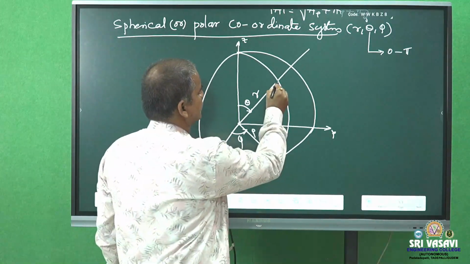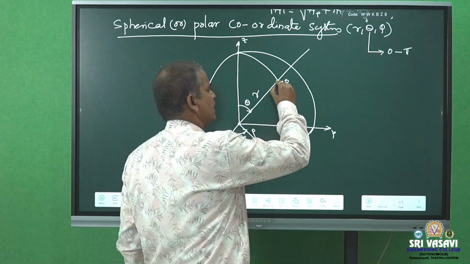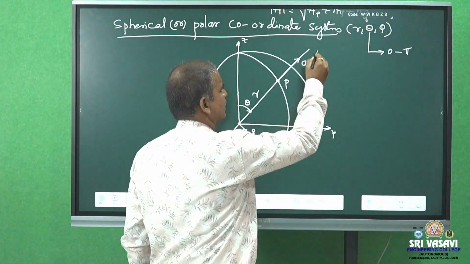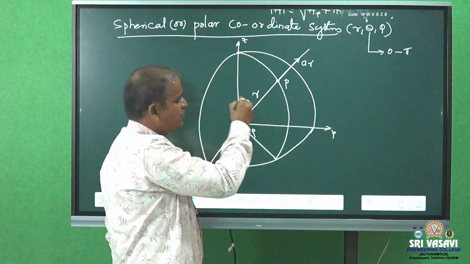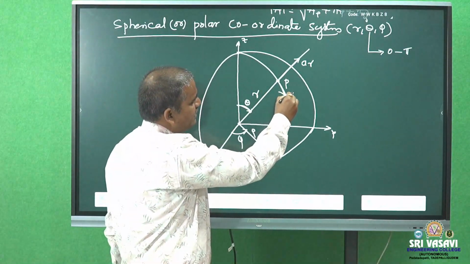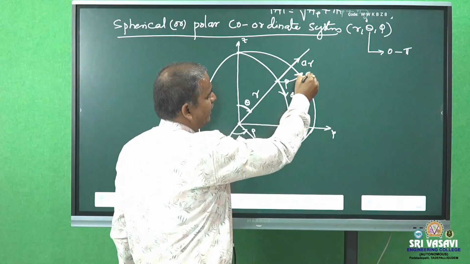So let us take this point P we represented. The R direction is towards R, therefore it is a R. Theta is in this direction, so it is a theta. Next, a phi, arc shaped. This is a phi.